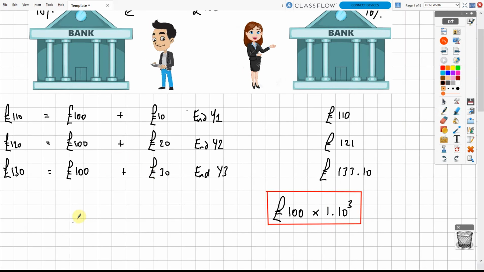Here, on the other hand, you've got to do it in a slightly more complicated way. 10% of £100 is £10. For 3 years equals £30.